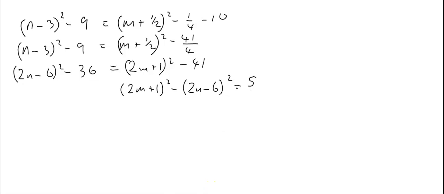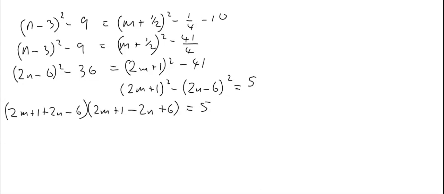And I now have a factorization possible, so that (2m plus 1 plus 2n minus 6) times (2m plus 1 minus 2n plus 6) equals 5.